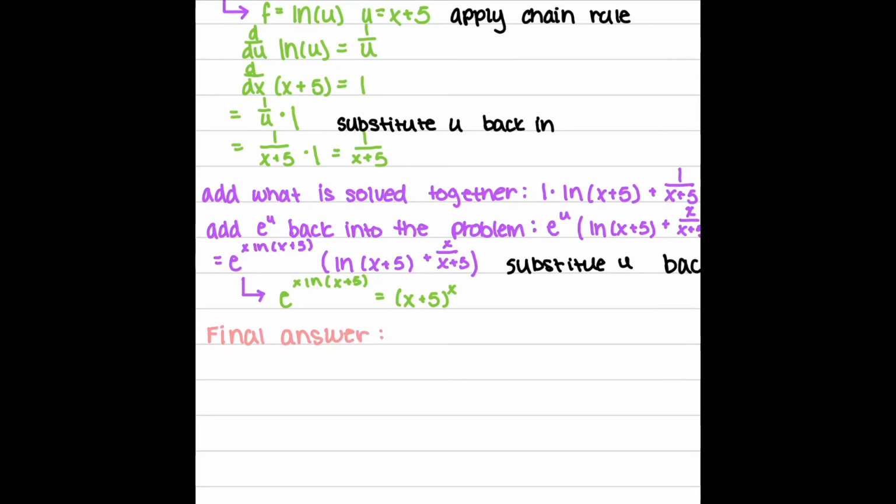And that final answer is going to be the natural log of x plus 5 plus x over x plus 5 times x plus 5 raised to the x.